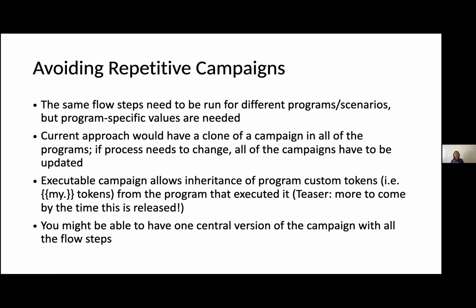Currently, you might just have a clone of that processing campaign in all of those programs. Or maybe you have one in a center of excellence program template, where there's already some sort of process that includes several flow steps based on some activity of the person in that Marketo program.